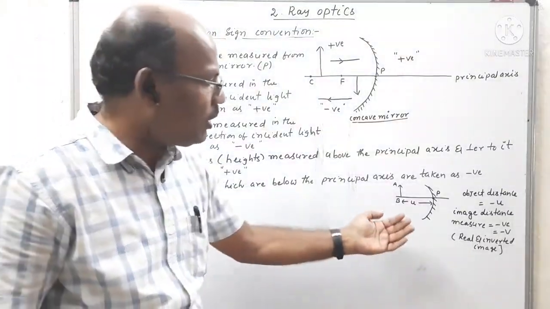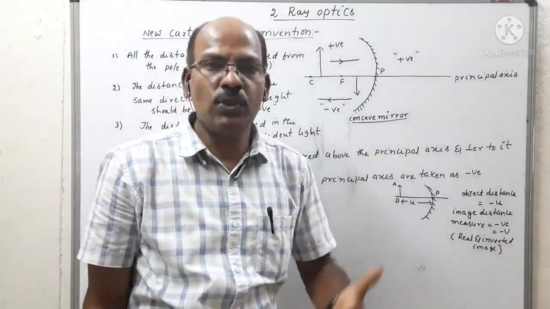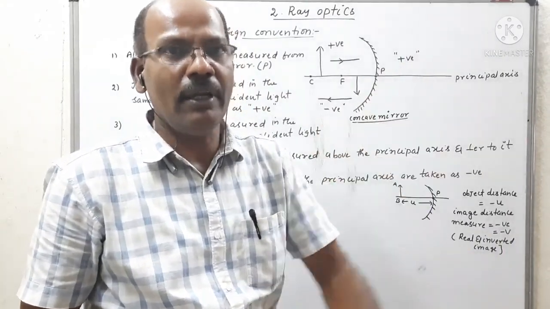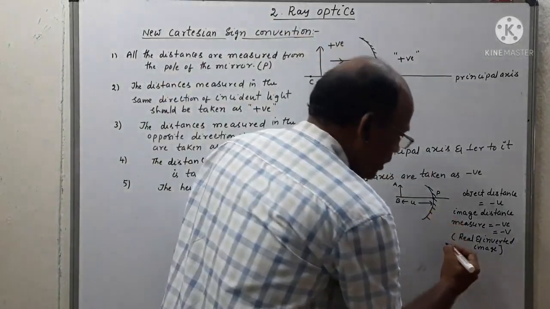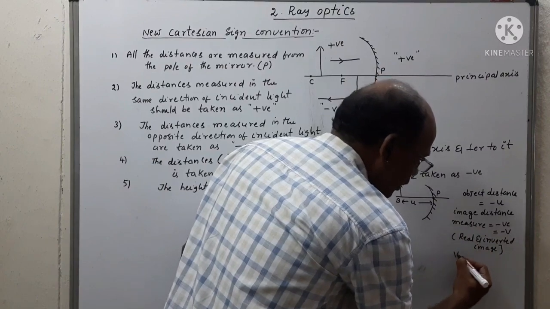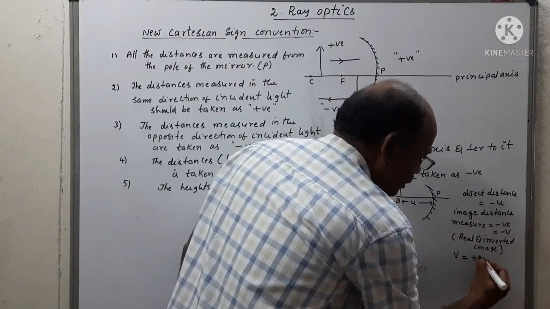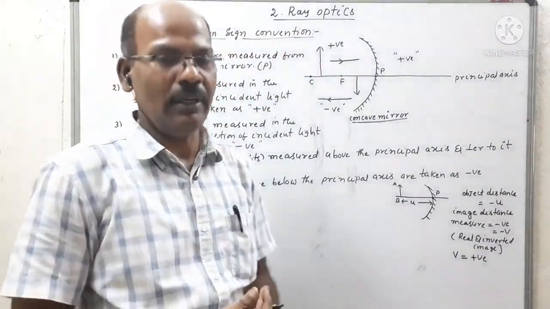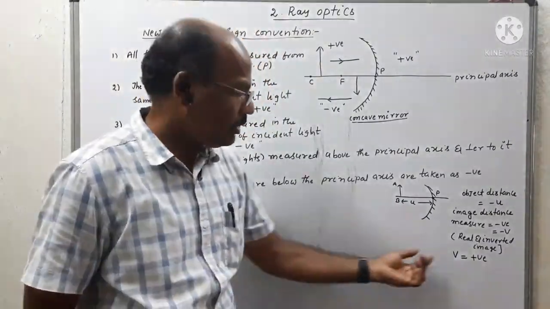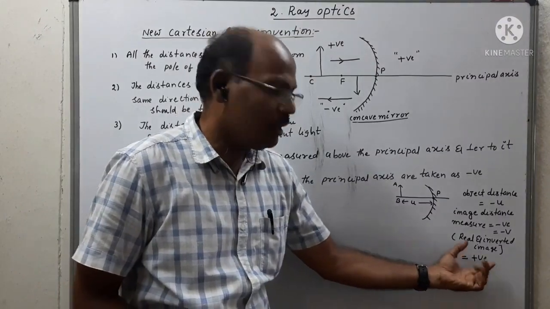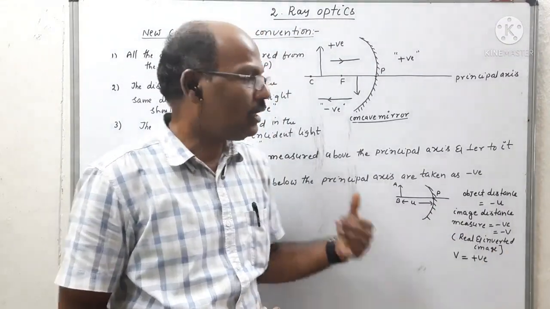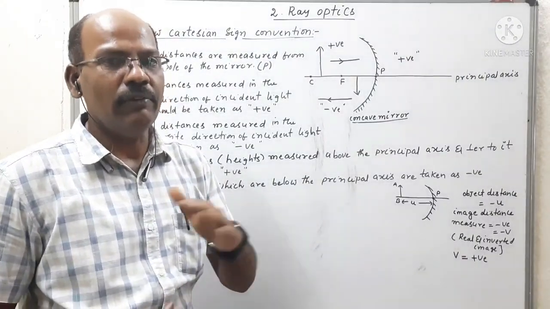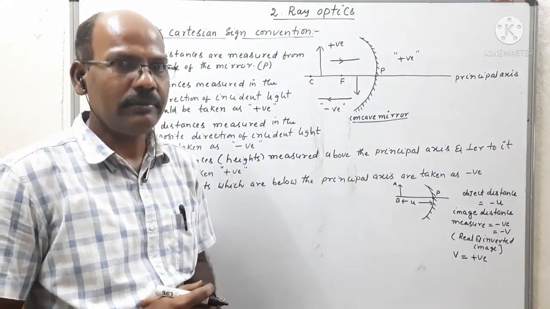If the concave mirror forms a virtual erect image which lies behind the mirror, then in that situation the image distance v should be taken as positive. So these are the sign conventions to be applied for solving the problems.